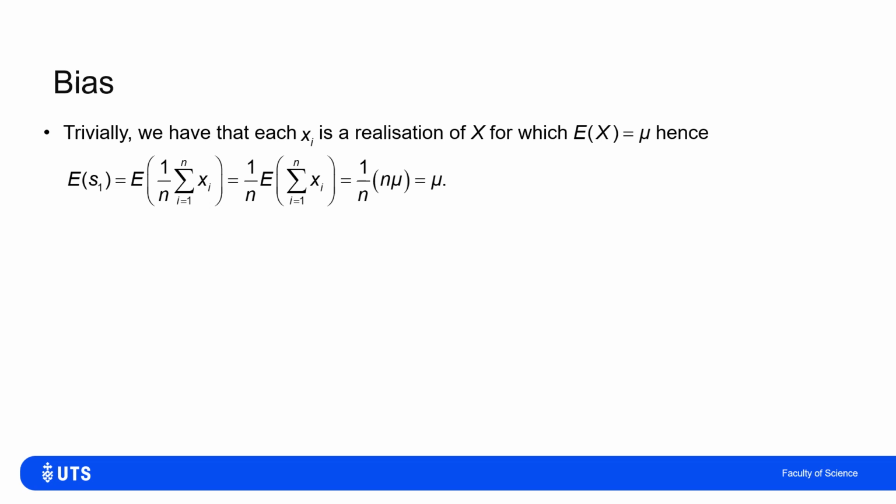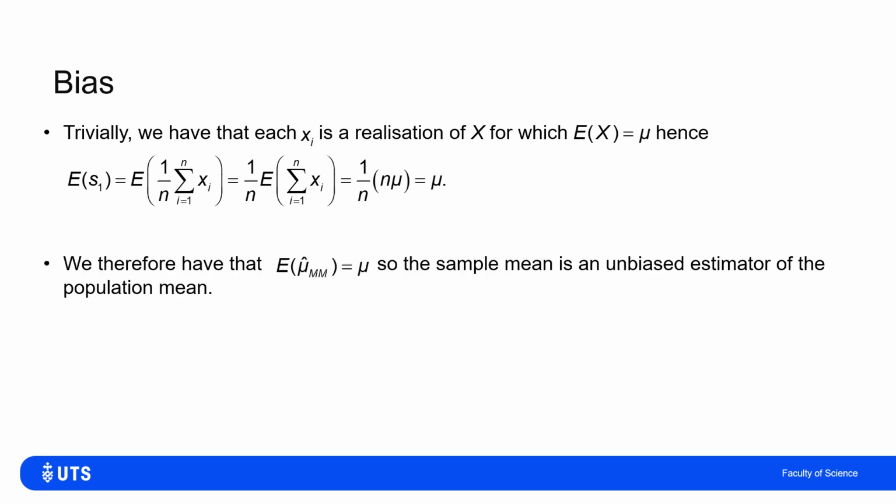Each xi has expectation mu, so the sum of n things, each equal to mu, will give me n mu. So the expected value of the first sample moment is the first population moment. What it does tell me is that using the method of moments applied to the first moment, I have an unbiased estimator for the population mean.